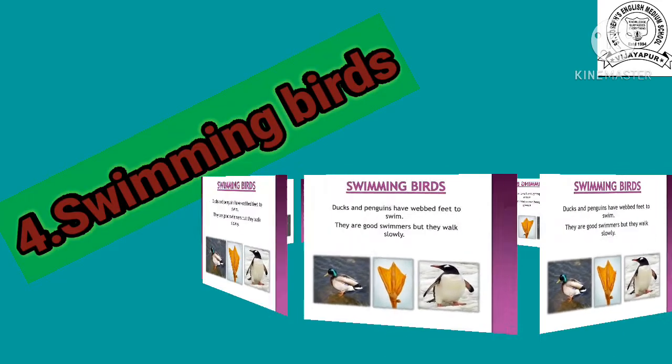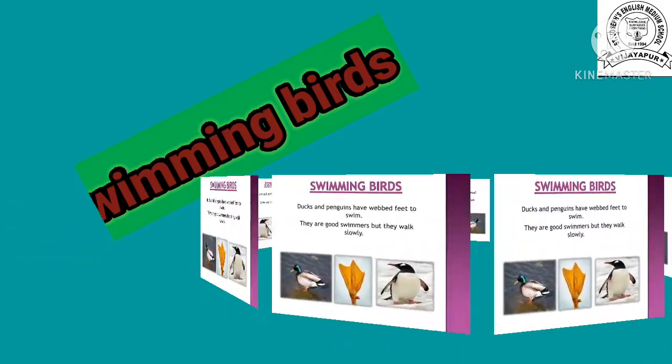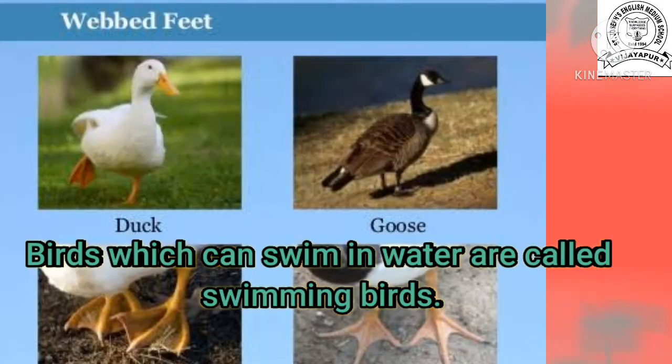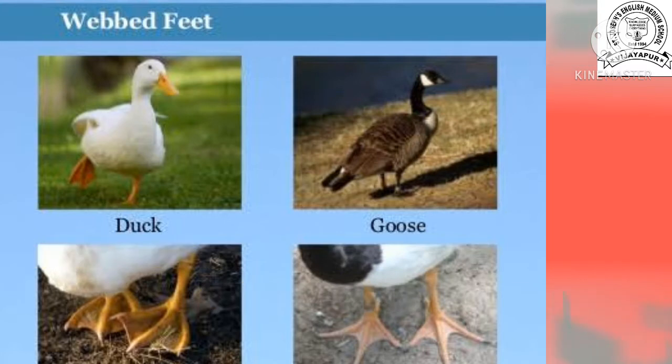Now I explain our next birds, that is the fourth one, swimming birds. Now listen, what are swimming birds? Birds which can swim in water are called swimming birds. These swimming birds all have webbed feet. Ducks, geese, gulls and swans have webbed feet.